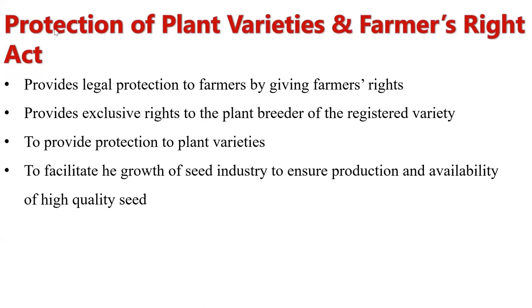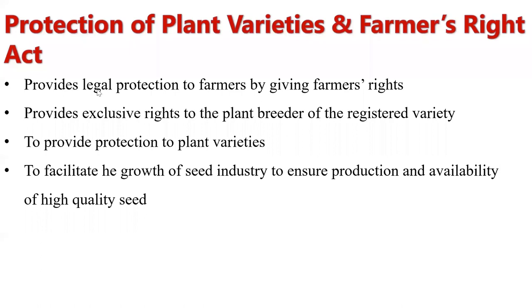This act is helpful for protecting plant breeding. Also, it is taking care of farmers' rights, as farmers are using traditional farming, and farmers work as cultivators and conservers. So to reward them, this act is helpful. It is facilitating the farmers also.